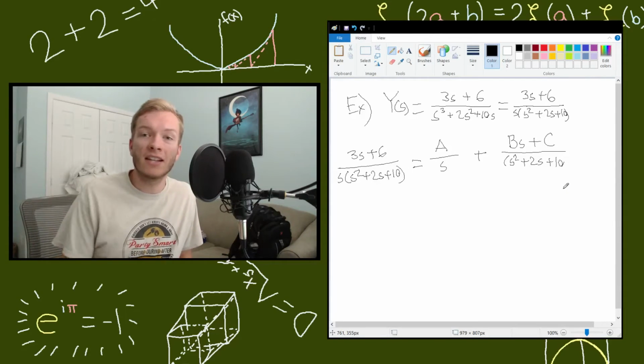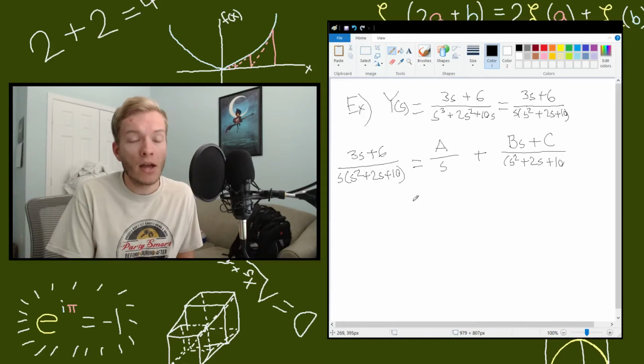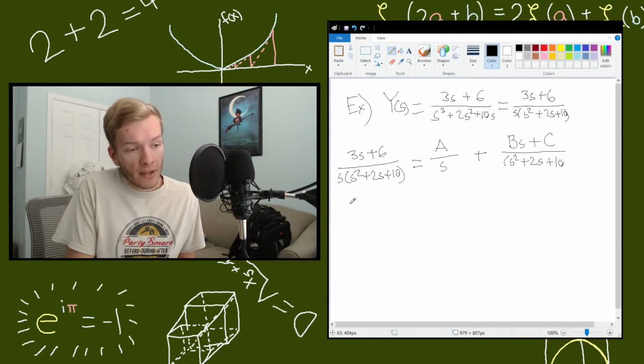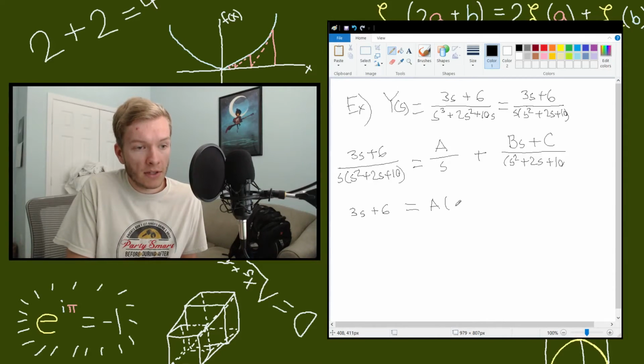But like I said, it's a lot easier to multiply this out by the common denominator. So what we're going to do is we're going to say 3s plus 6 is equal to a times our s squared plus 2s plus 10. Sorry, I didn't finish out the parentheses up there.